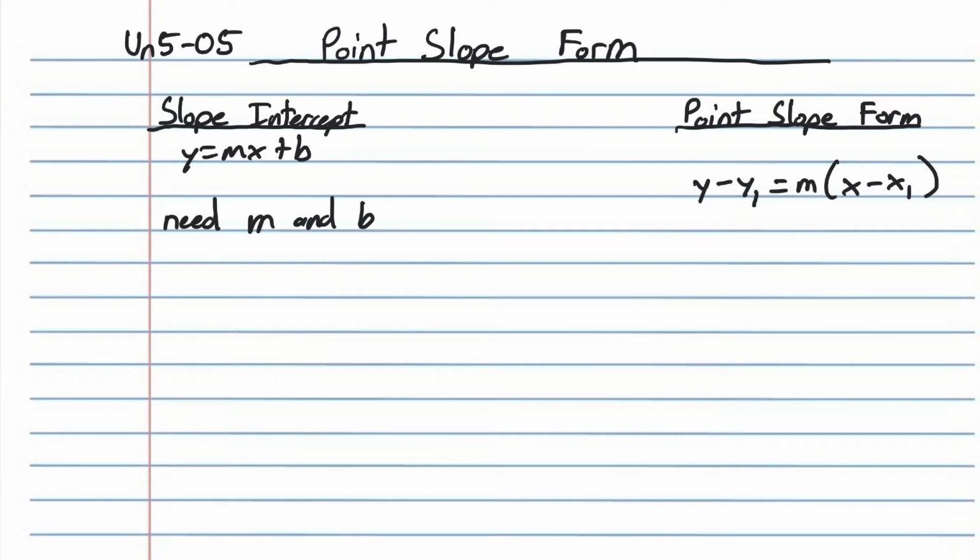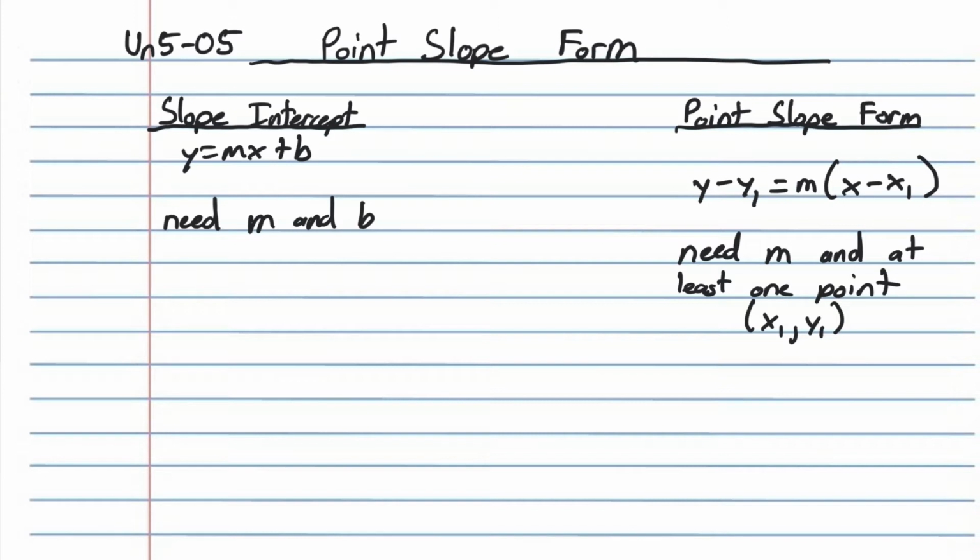So for point slope form, we need m and at least 1 point. In other words, they have to give us a coordinate, right? That's where these x1 and y1 are coming from. So they have to give us a single coordinate, at least one. They can give us more, but we need at least one coordinate for our x1, y1 values, okay?